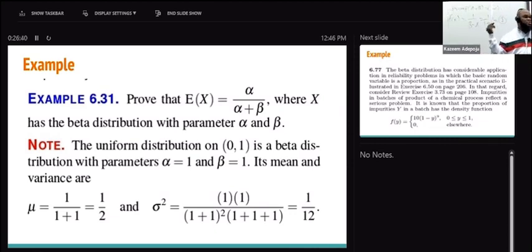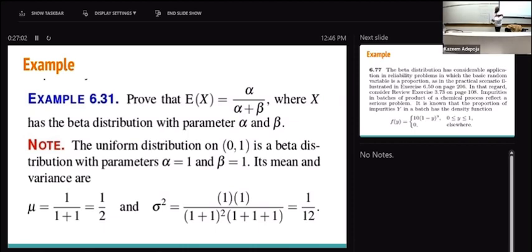The f of x is going to give you 1. Now let's do something. In a beta distribution, if x follows a beta distribution with parameters alpha and beta, the f of x is going to be equal to this, 1 minus x raised to the power of that, over B of alpha, beta.